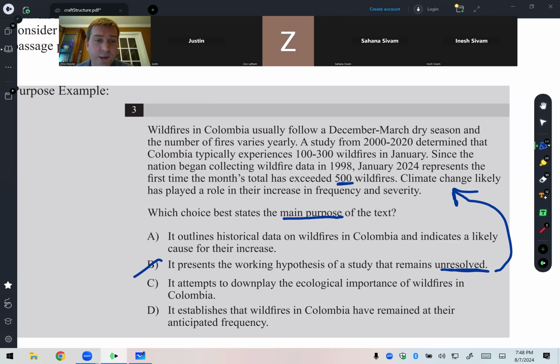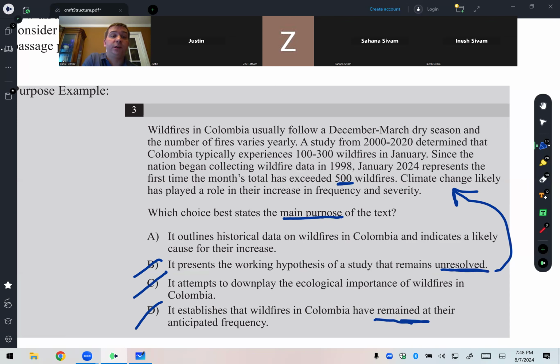C, does this passage attempt to downplay the ecological importance of wildfires in Colombia? Not at all. If you thought it was C, you're misreading the document. D, it establishes that wildfires in Colombia have remained at their anticipated frequency. And of course, they have not.